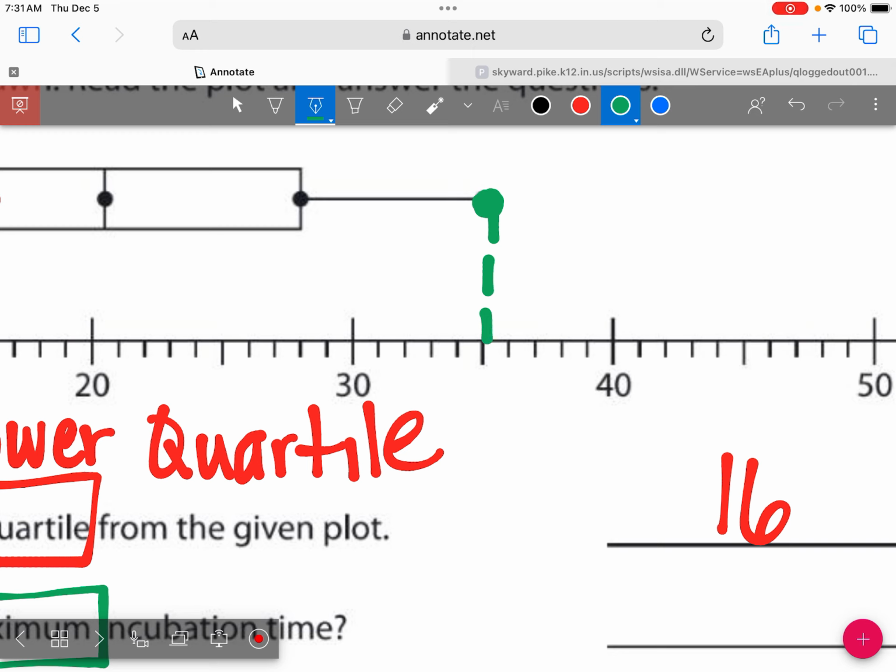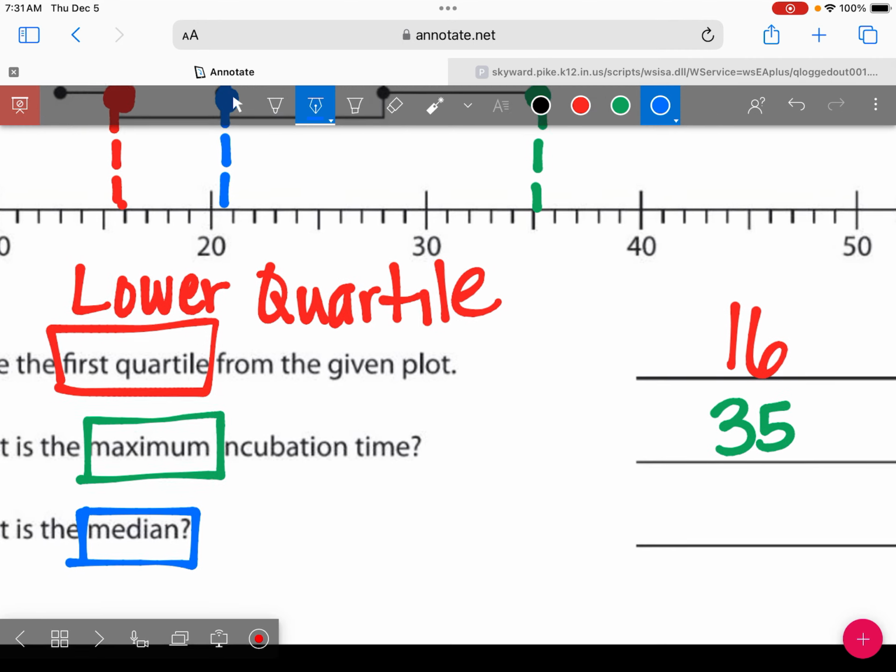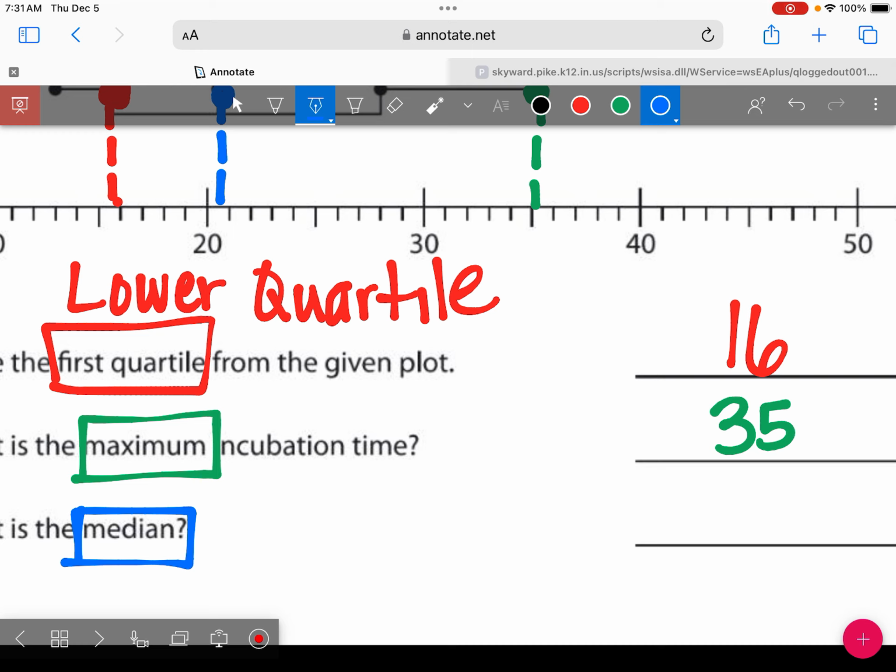All right, what did you all put for your maximum? 35. Anybody else put a number? 35, close to 35. Okay. And then lastly is your median, which is the middle of your box. So 20, 21, 20.5, any of those will be fine. I think I'm gonna say 21.